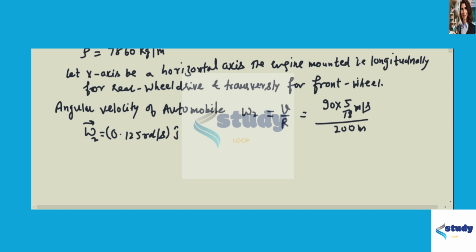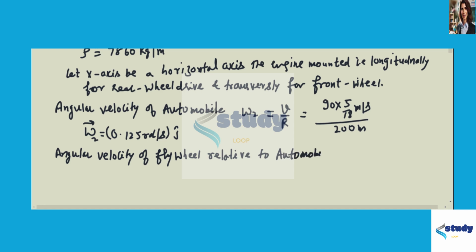Angular velocity of flywheel relative to automobile, omega 1, is given 2700 rpm.